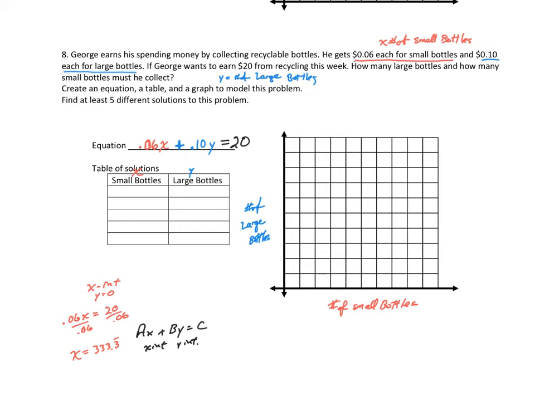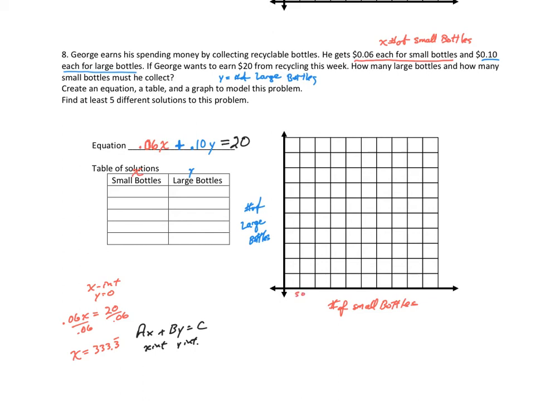Okay. Well, it's not entirely bad news because now I have some idea how to make my scale. My scale in the x direction has to go out to at least 300 and something, and I only have 10 lines here. So I could count by 30s, or I could count by 50s. I'm going to count by 50s.